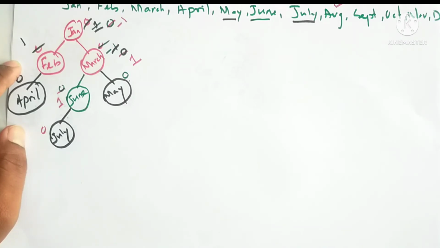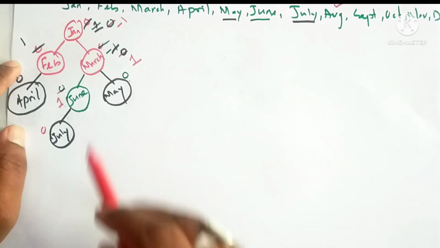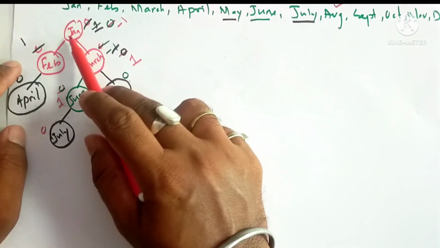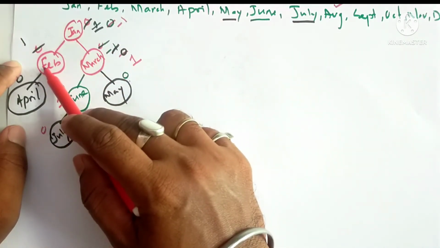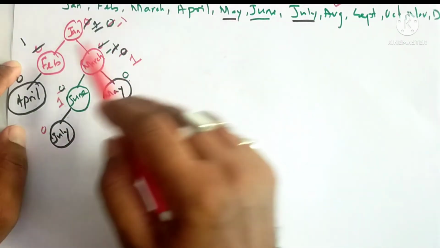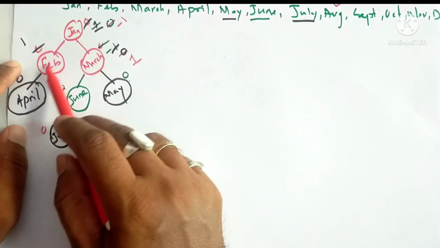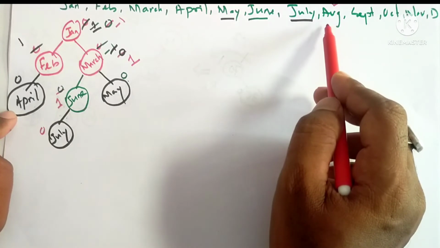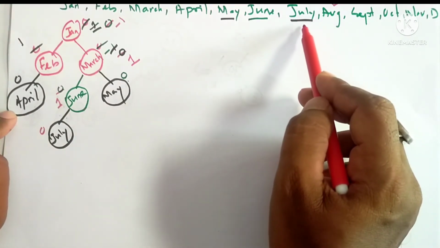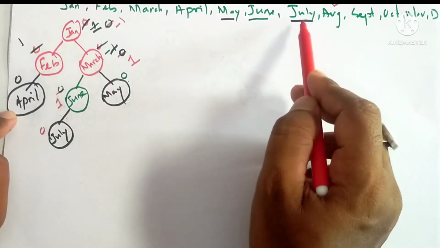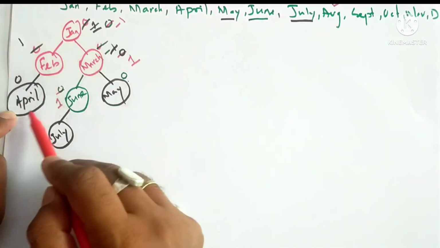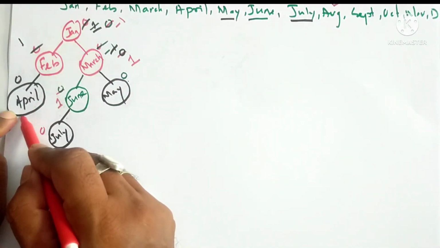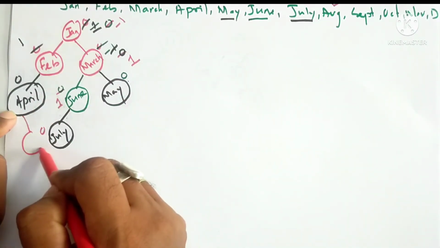If you are going to place August, where should you place it? Here A is less than J, we go to the left side. F is greater than A, so you go to the left side. The left side value is April, and the value August is here. Now what should we do? P and U, U is greater than P, so we will place it as the right child.